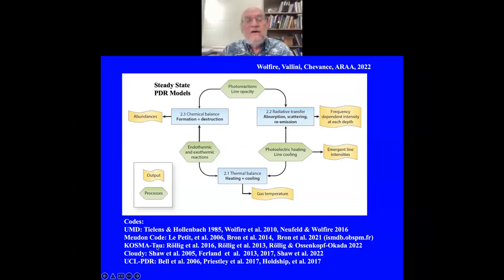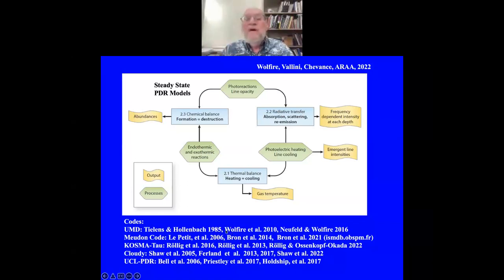There's the KOSMA-tau code with a very complete description recently by Röllig et al. There's the Cloudy code. The Cloudy code was originally an HII region code, but they've also adapted it to do the neutral gas, the PDR gas as well. And there's the University College London or UCL PDR code.